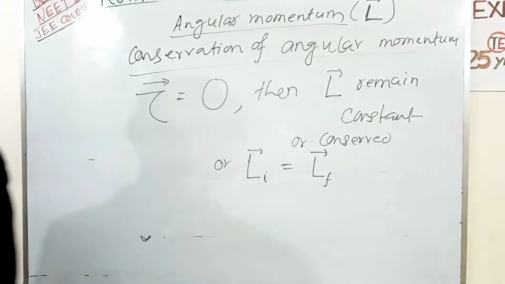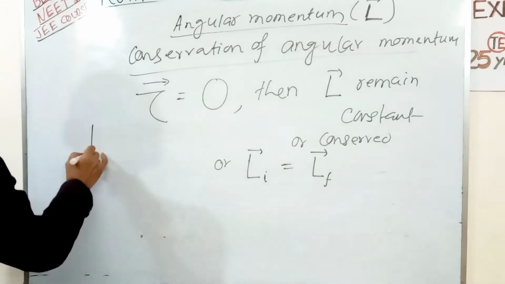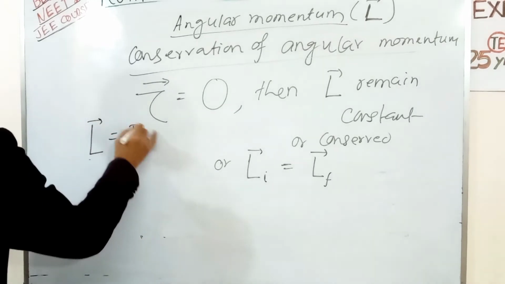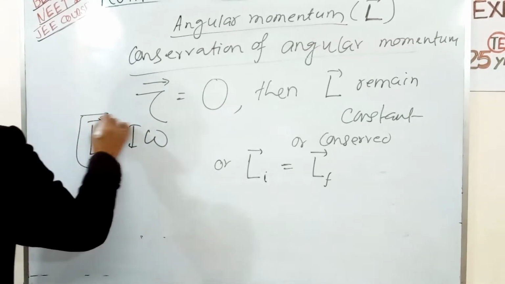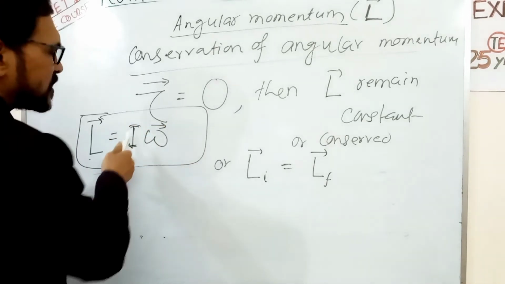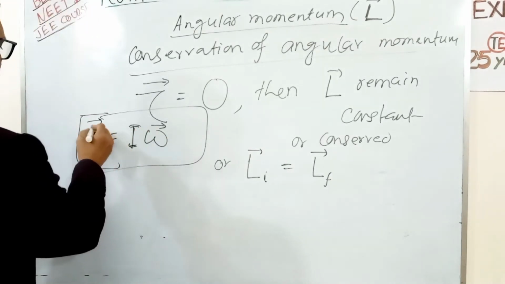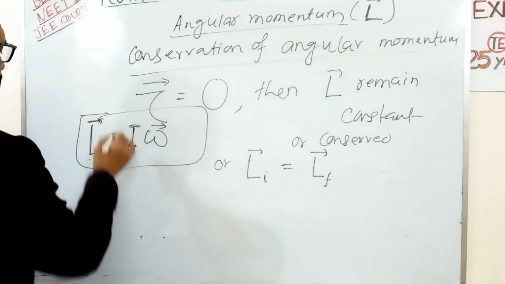This is the conservation of angular momentum. Now we define L equal to I omega. This is the formula, L equal to I omega, where I is the moment of inertia. Moment of inertia is a scalar, but omega is a vector, and the omega vector and angular momentum vector directions are the same.